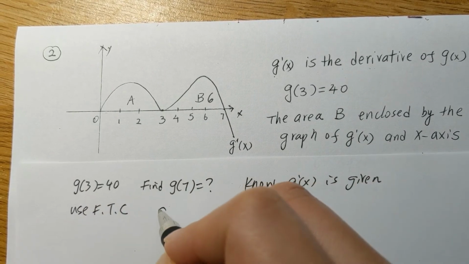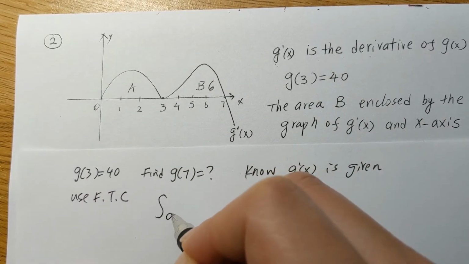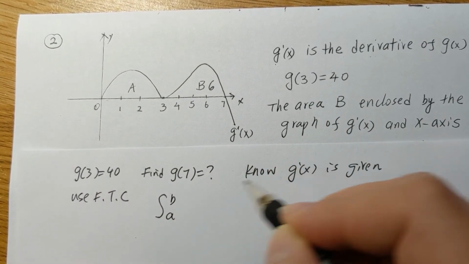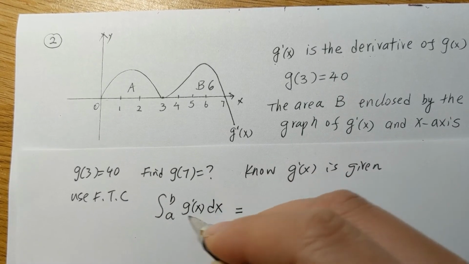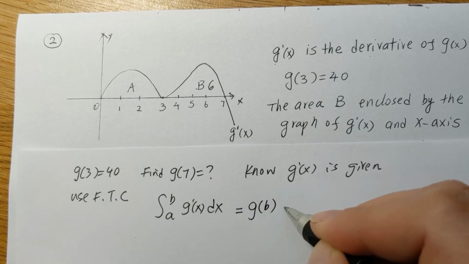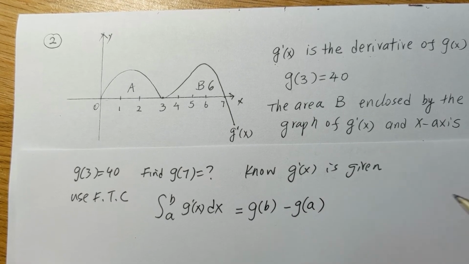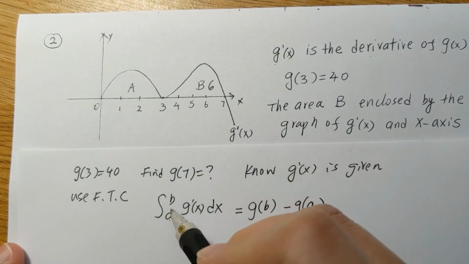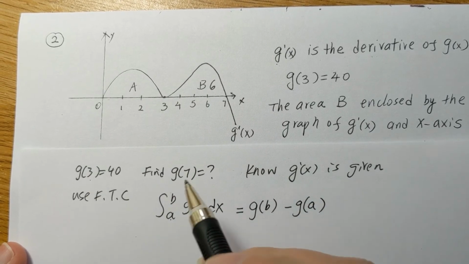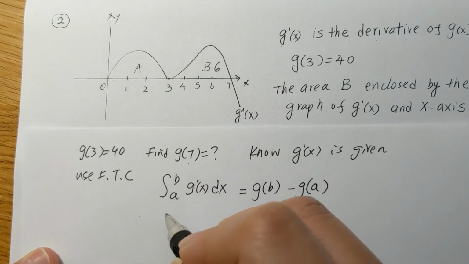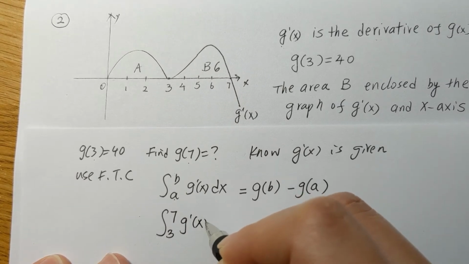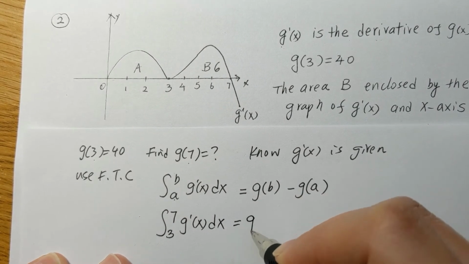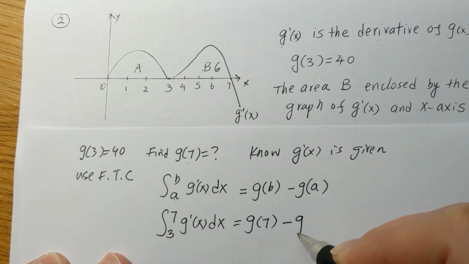So we do integral a to b of g prime of x dx, and we get g of b minus g of a. Now let's figure out what a and b are. We got 3 and 7. So we do substitution. We get integral 3 to 7 of g prime of x dx equals g of 7 minus g of 3.